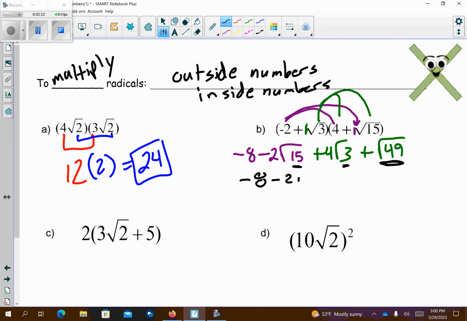So then I have this, or it's 7, excuse me. Square root of 49 is 7. Okay, so 7. Now I can combine, these are two like terms. So negative 8 plus 7 is negative 1, but nothing else will combine because it has a different radical with it. So it just comes out to this for an answer.